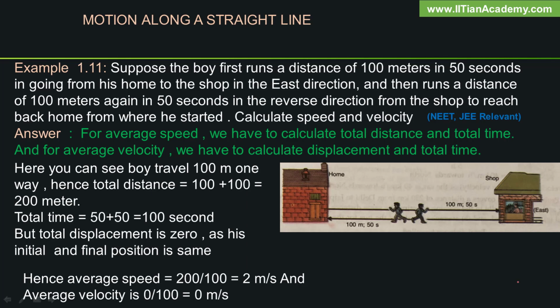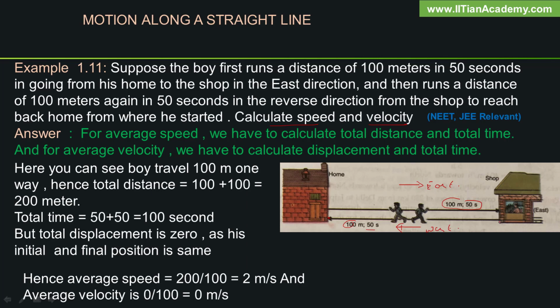In this example also, we will calculate speed and velocity. Suppose the boy first runs a distance of 100 meters in 50 seconds in going from his home to the shop in the east direction, and then runs a distance of 100 meters again in 50 seconds in the reverse direction from the shop to reach back home from where he started.